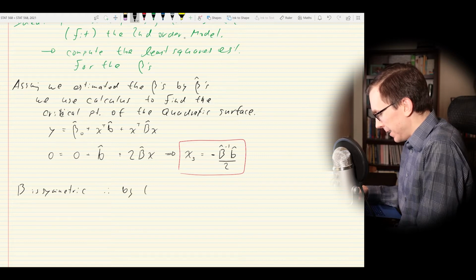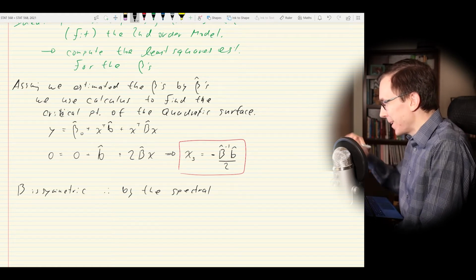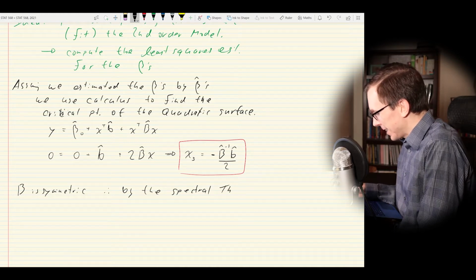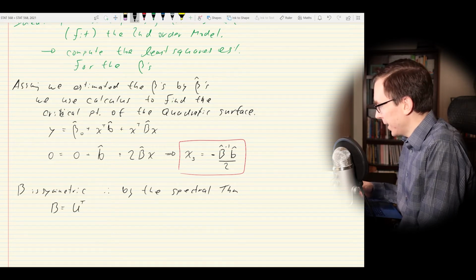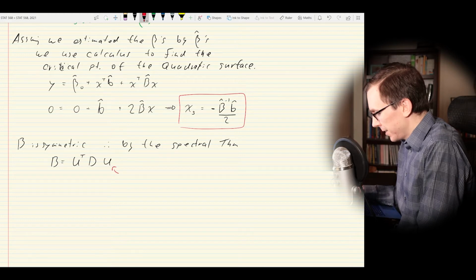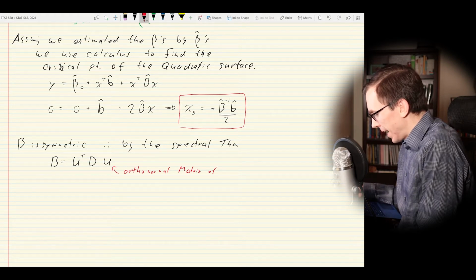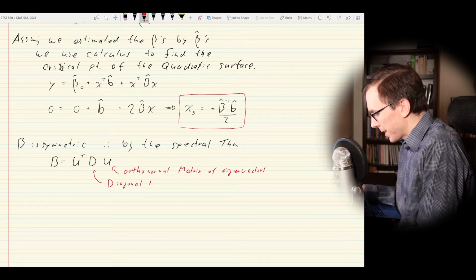Therefore, by the spectral theorem, if you recall your advanced linear algebra, don't worry if you've never heard of the spectral theorem, it basically just says I can decompose B into a matrix multiplication that's going to look like U transpose D U, where U is the orthonormal matrix of eigenvectors, and D is the diagonal matrix of eigenvalues.